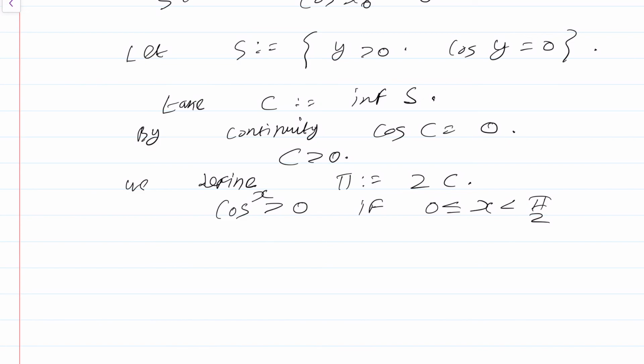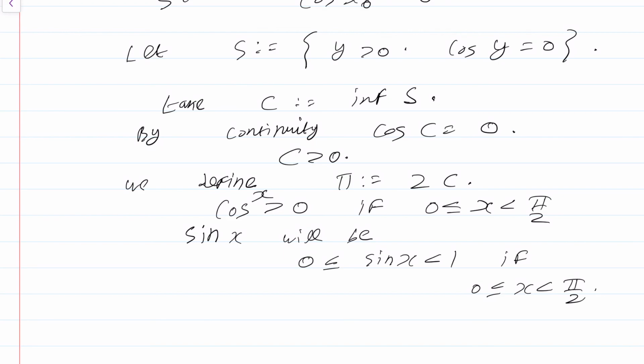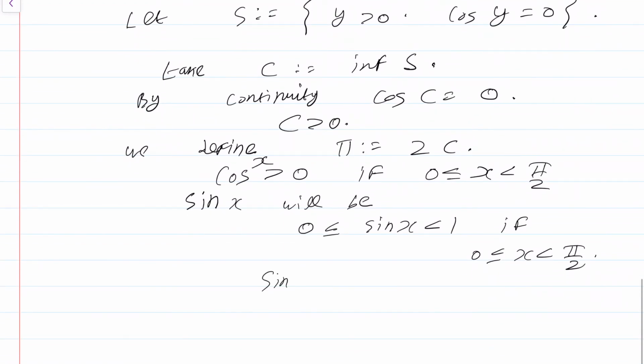And because of this, sine x will be 0 less than or equal to sine x less than 1 if 0 is less than or equal to x less than pi by 2. And we also know that sine pi by 2 is equal to 1.